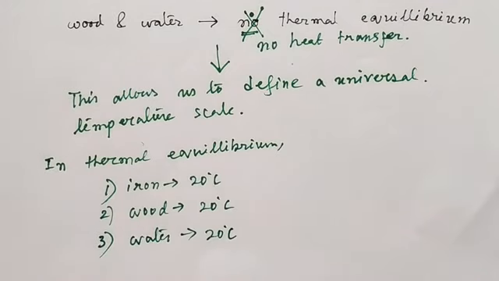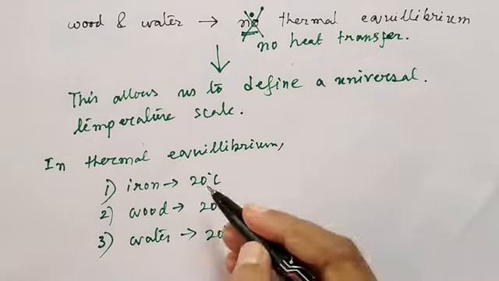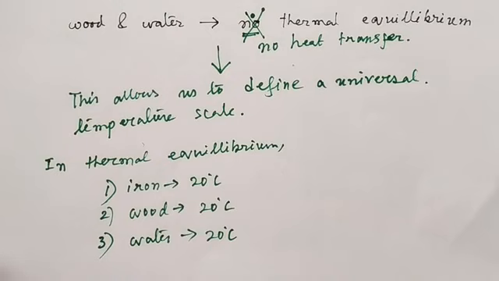So without putting them in thermal contact, you can clearly say that, because all of them are at 20 degrees centigrade, they will be in thermal equilibrium as per the zeroth law of thermodynamics.